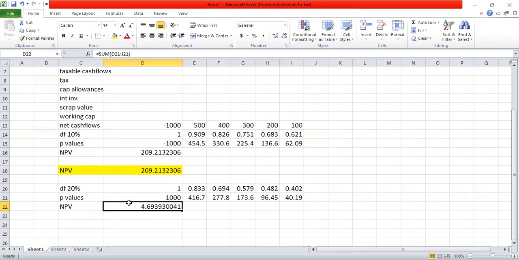Let us assume instead of 20, we assume here the rate as 25%. Now this value will definitely be changing.